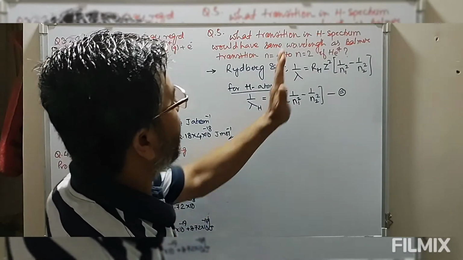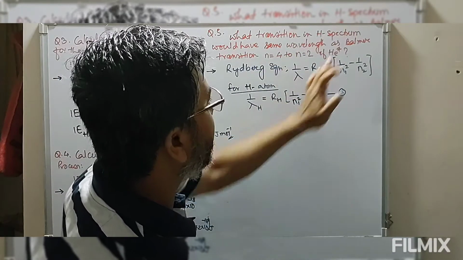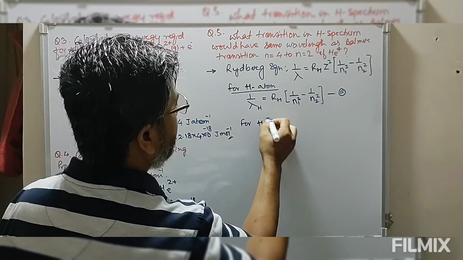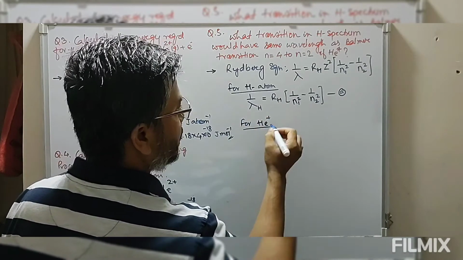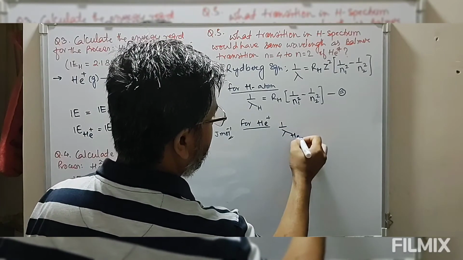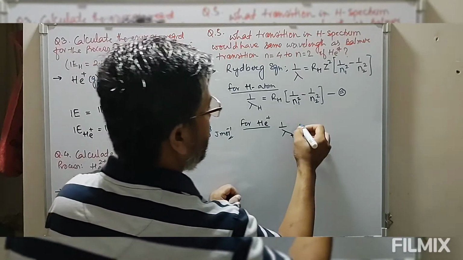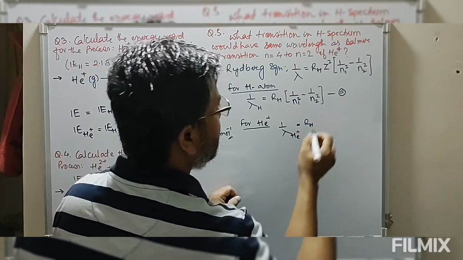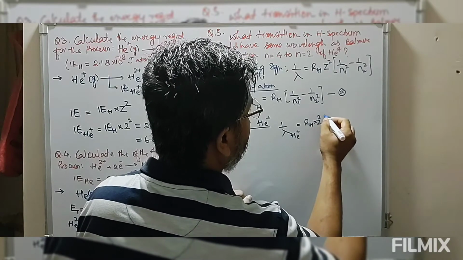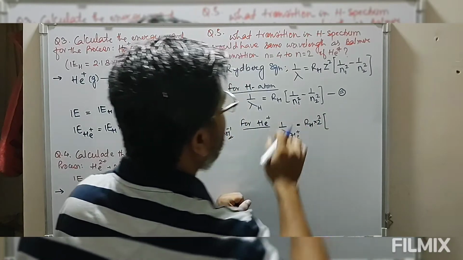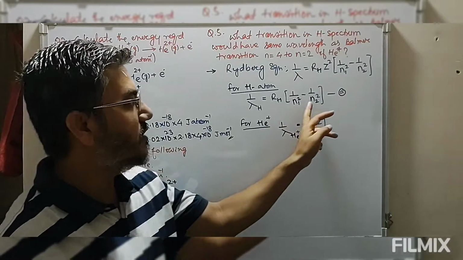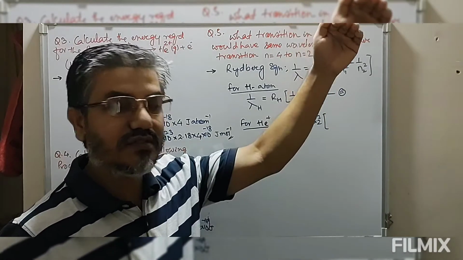Then we have the Balmer transition of helium plus. For helium plus, 1 by wavelength of helium plus is given as RH, Z for helium is 2, so we have 2 square into 1 by n1 square minus 1 by n2 square. n1 is the final state, n2 is the initial state from which the electron jumps.